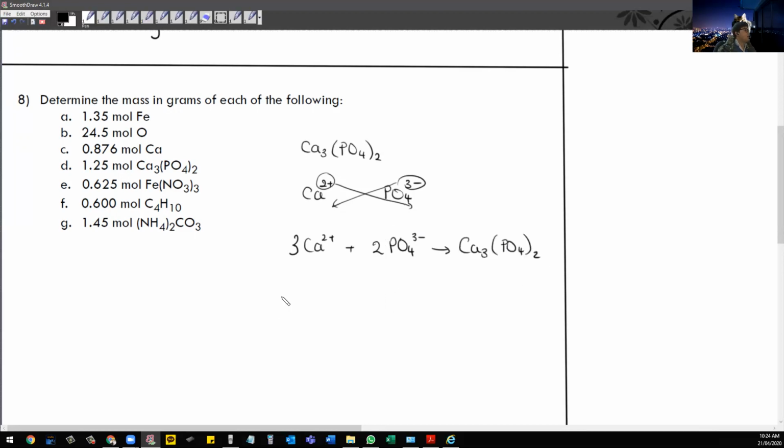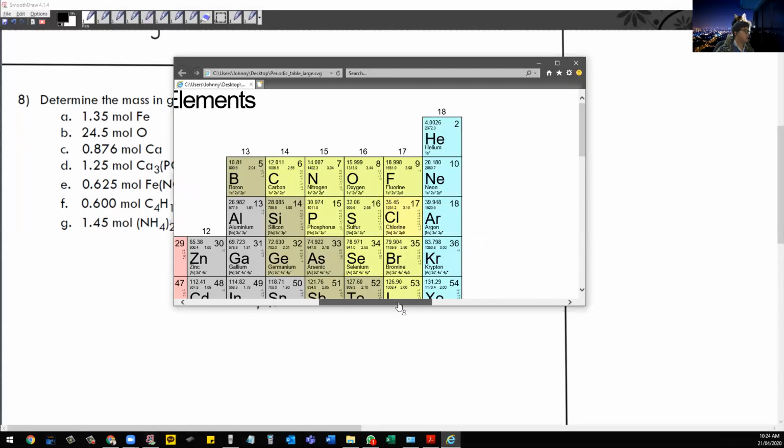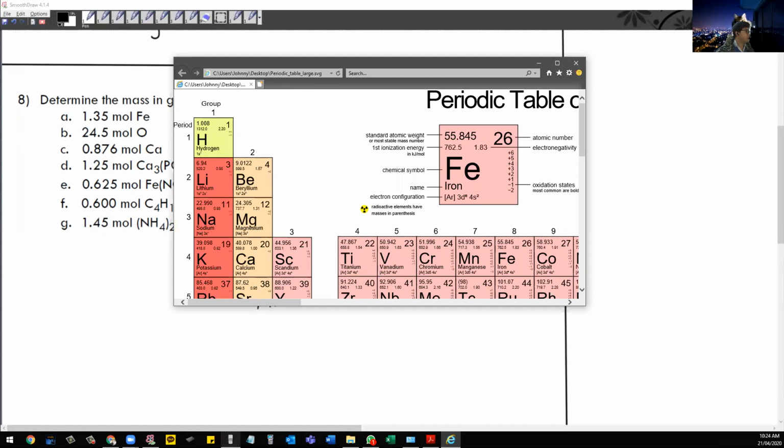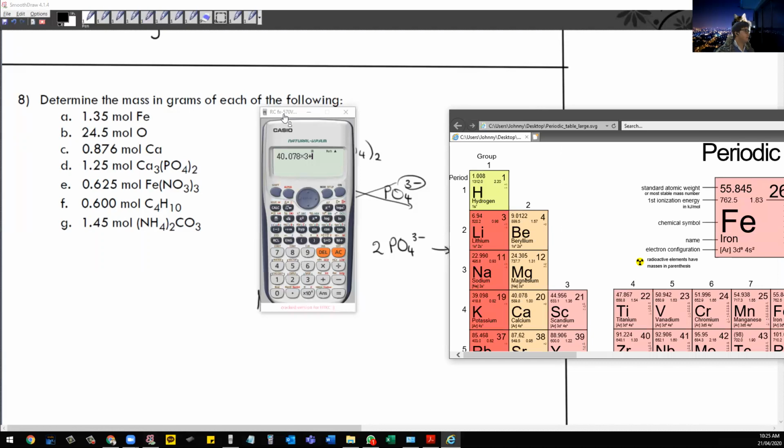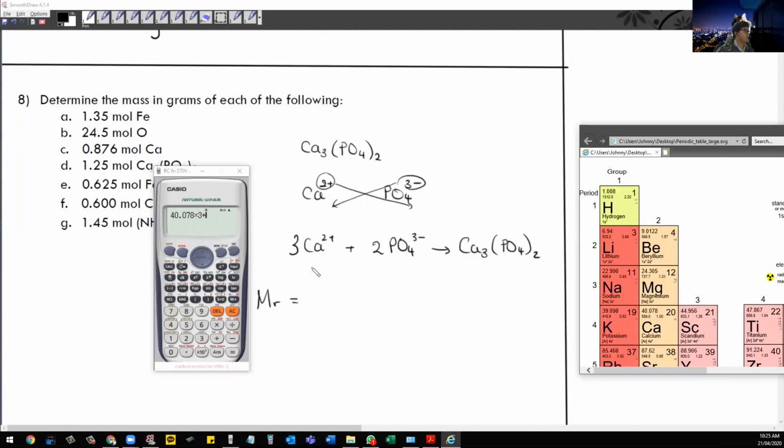And that becomes calcium phosphate. Now, let's work out the molar mass of the calcium phosphate. If we go back to the periodic table, calcium is 40.078 times 3, plus. So you have 3 calcium. And then there's 2 phosphate, right? 2 phosphorus, 2 P's. And then 8 oxygen, true?